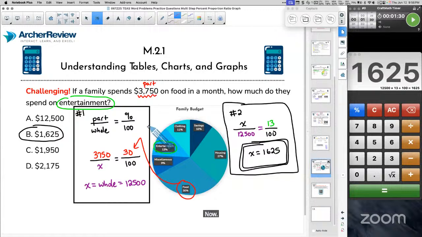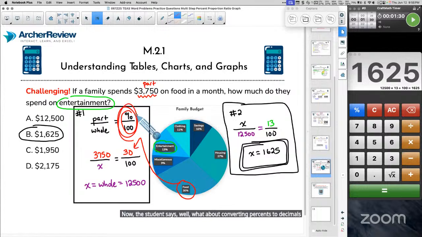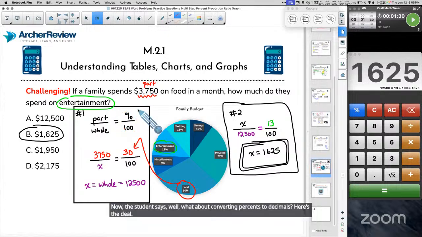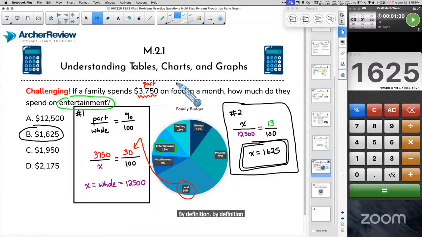Now, a student says, what about converting percents to decimals? Here's the deal. By definition, a percent is always out of 100. So when we say 30%, y'all, that means 30 out of 100.